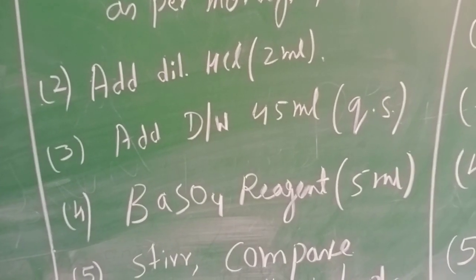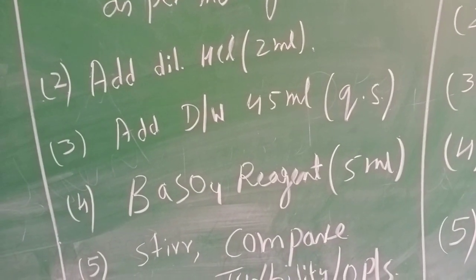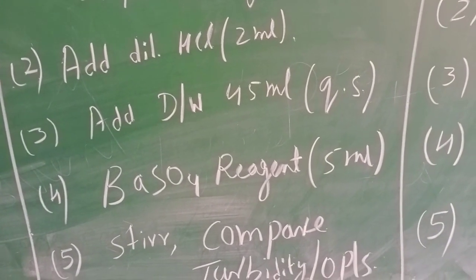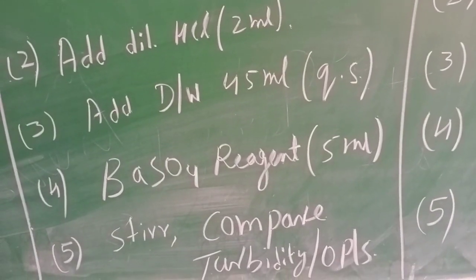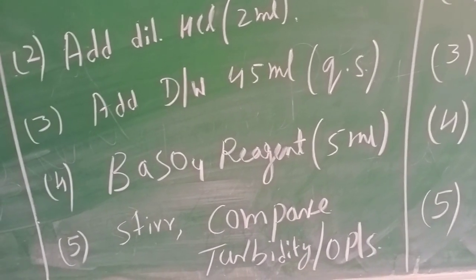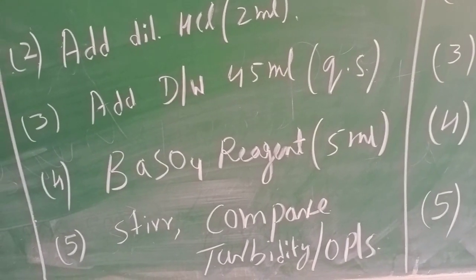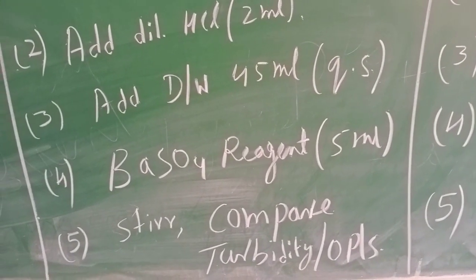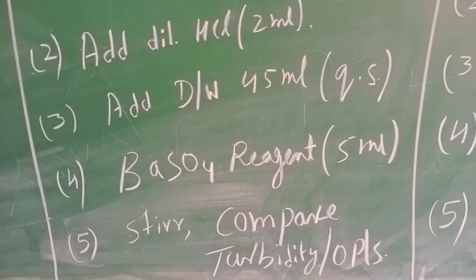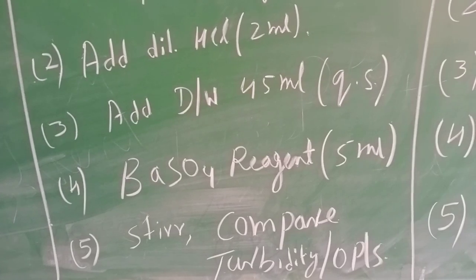The content is then stirred gently and kept aside for 5 minutes, and then the turbidity or opalescence so produced by the test solution is compared with the turbidity or opalescence which is produced by the standard solution in order to rule out the exact result.